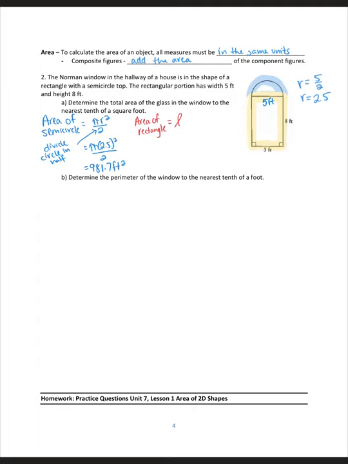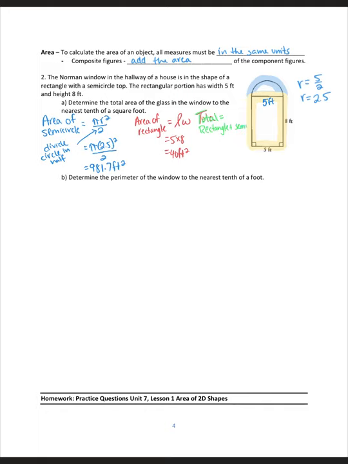Hopefully we all remember that the area of a rectangle is just length times width. So that'd be 5 times 8, or 40 feet squared. So finally, if we wanted to do our total, okay, our total is just going to equal our rectangle plus our semicircle.